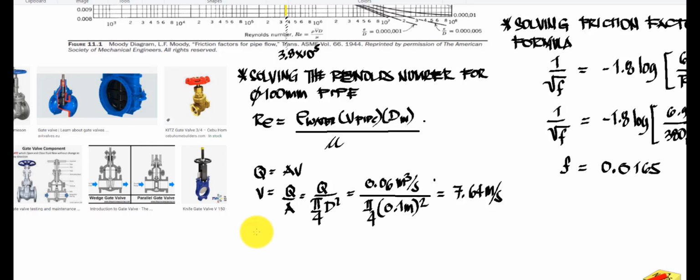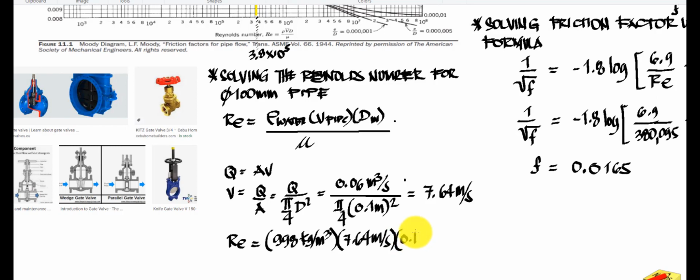So we have the complete data, so we can now compute the Reynolds number. The Reynolds number is equal to the density of the water, which is 998 kilogram per cubic meter, times the velocity in the pipe, which is 7.64 meters per second, multiplied by the inside diameter, 0.1 meter, divided by the absolute dynamic viscosity, 1.003 times 10 to the power of negative 3 kilogram per meter second.